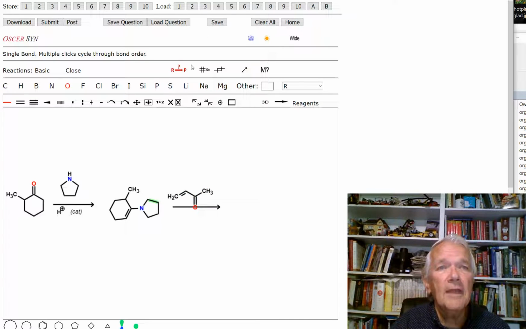And what's going to happen here? Well, again, the nitrogen lone pair will come in, form a double bond there, form an iminium. The double bond will reach over here, attack the carbon, move the double bond over, and we'll get an O-. Then a proton will come around, rearrange, and we'll have our magic molecule.